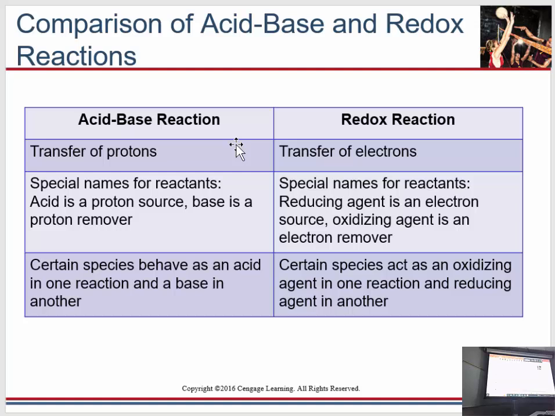They're making comparisons. Acid-base reactions are proton transfer, whereas redox reactions are electron transfers. One of the big differences here is usually this is just one proton. This is X electrons.